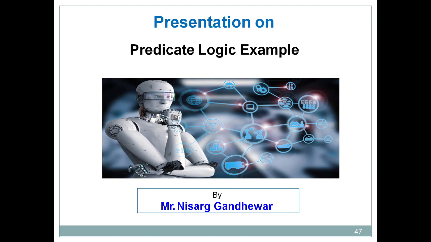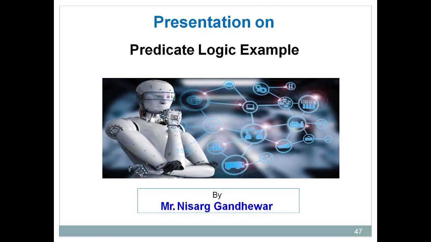So in the last video we understood propositional logic as well as predicate logic. We understood that propositional logic is useful to represent knowledge which has either the value true or false, but not both. But suppose there are certain statements which are not true, or not false, at that time propositional logic is not useful.